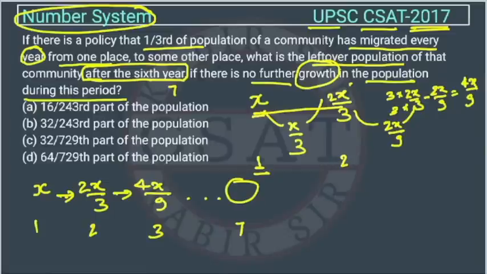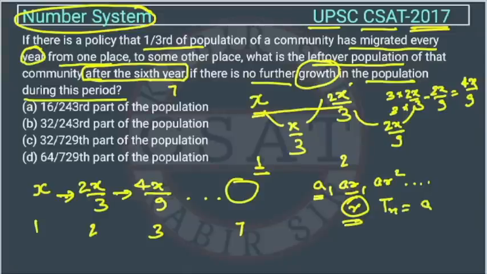So you see, this series that is forming is a series of GP, right? In the number system, as you may know, there are two series, AP and GP, and that series is in the form of a, ar, ar square, in this form. So this is the initial term, okay, and the ratio between them is ar upon a, so the common ratio is r. So suppose we have to find the nth term, the formula for that is a r to the power n minus 1, so this is the nth term of that series.